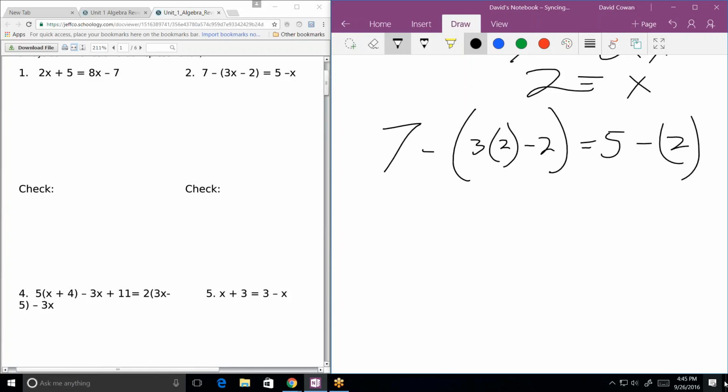Well, always work from the inside out. So we have 7 minus 6, no, 6 minus 2, that should be 4. Is that equal to 5 minus 2? Is that a true statement? Yeah. That's a good check. That's all we need to do to check.